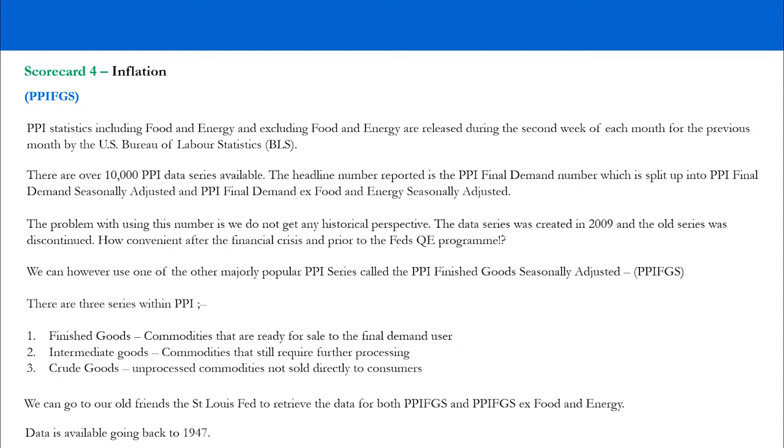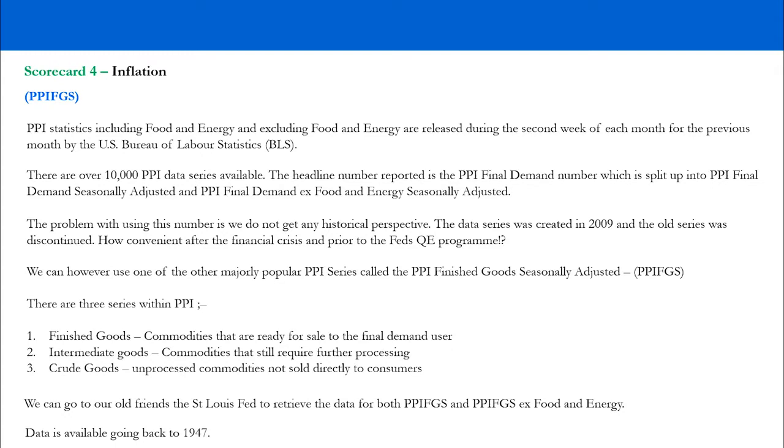There are over 10,000 PPI data series that are actually available. The headline number that you see reported in the media is the PPI final demand number, which is split up into PPI final demand seasonally adjusted and PPI final demand ex food and energy seasonally adjusted.